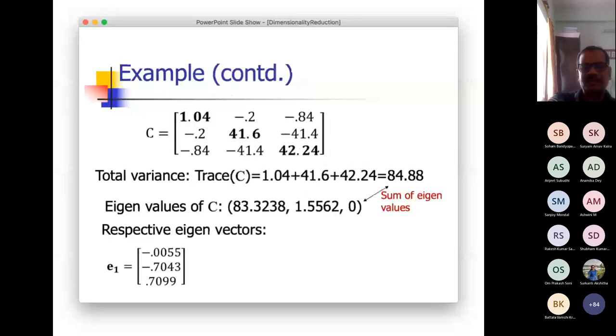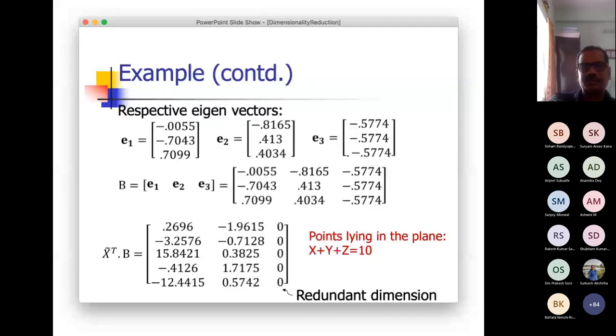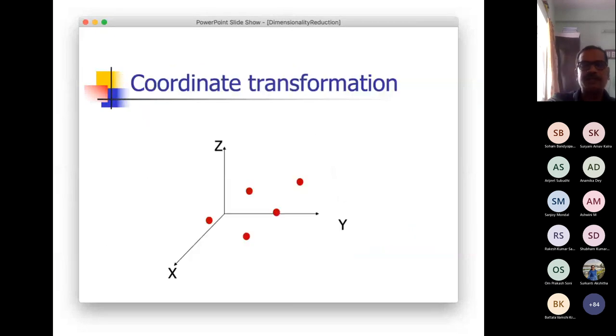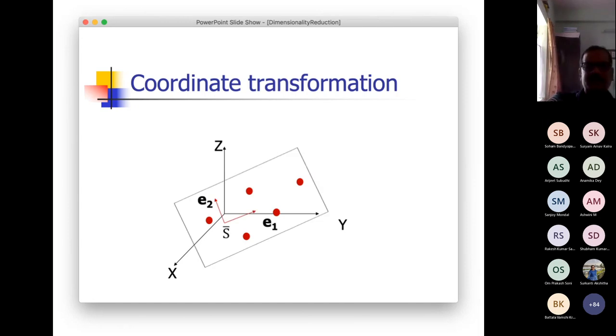I have taken this intentionally, just to show you that theoretically, yes, it is possible to reduce dimension. Because what you are doing is choosing a subspace which is enough to represent this data. Suppose these are the 5 points which are represented in the 3-dimensional space. If there is a plane centered on the mean of these data points, S bar, and these are the two orthogonal axes E1 and E2, the plane is defined by these two orthogonal axes passing through the center point S bar.